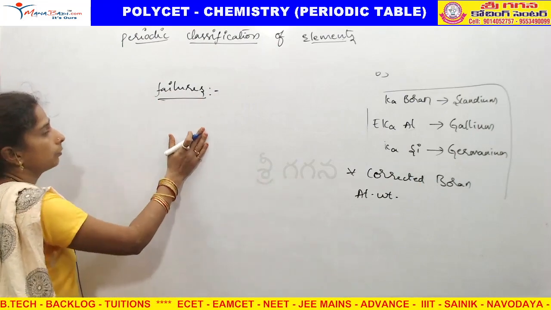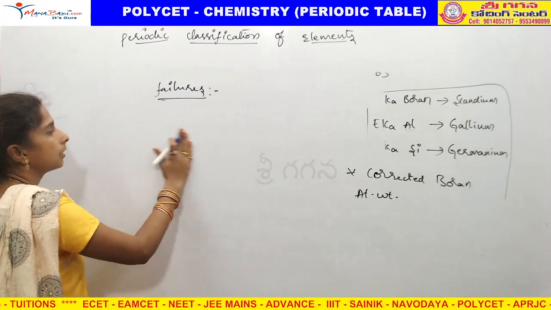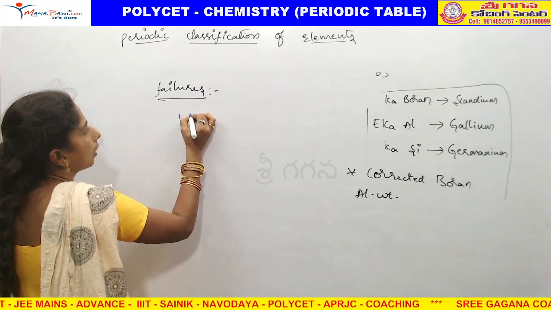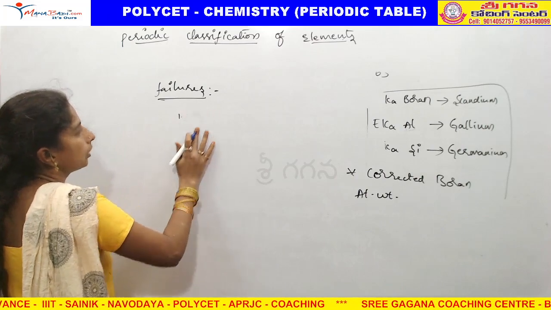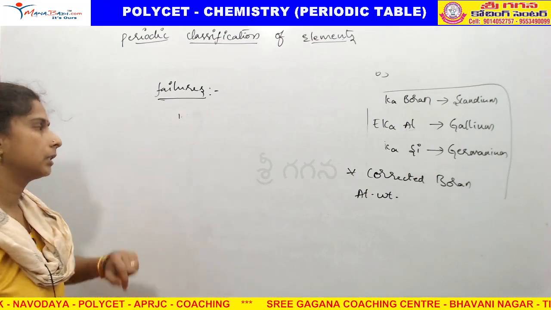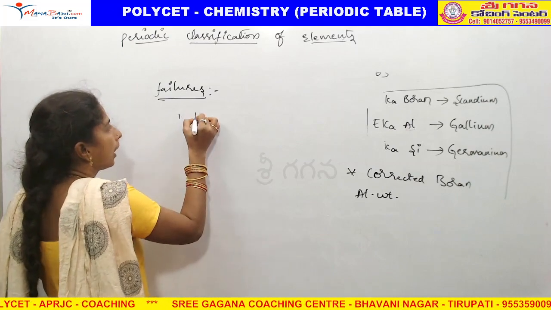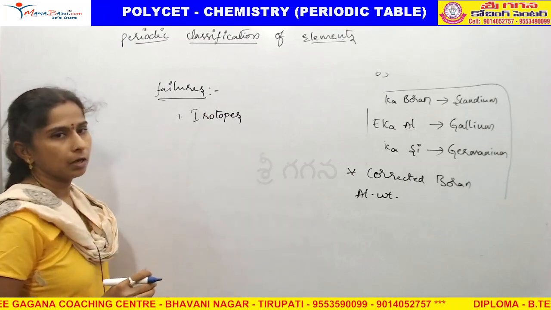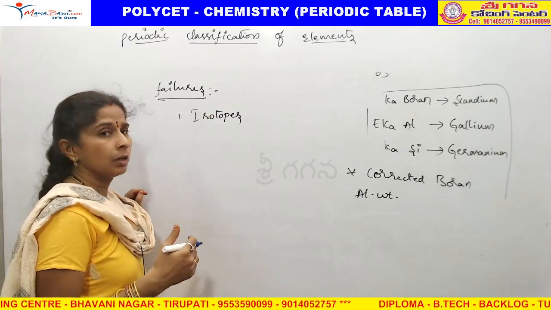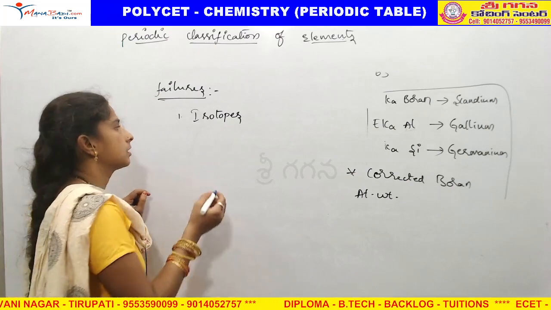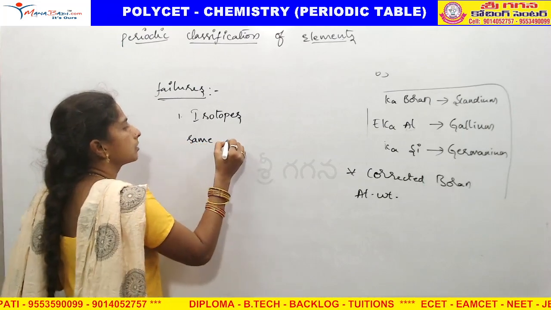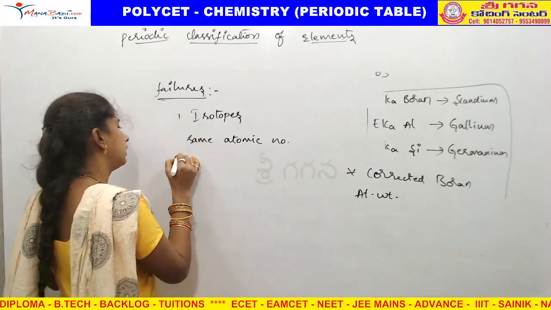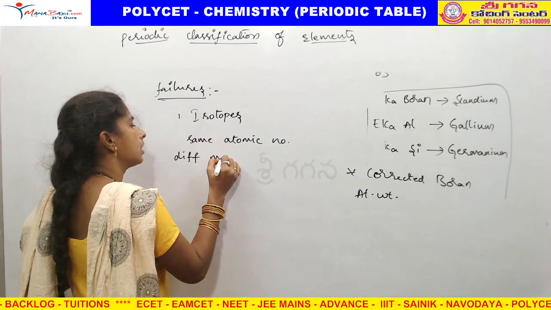And what is the failure? Failure number 1: based on atomic weight he arranged the periodic table. And isotopes. What is meant by isotopes? In atomic structure we already discussed: same atomic number and different mass number.